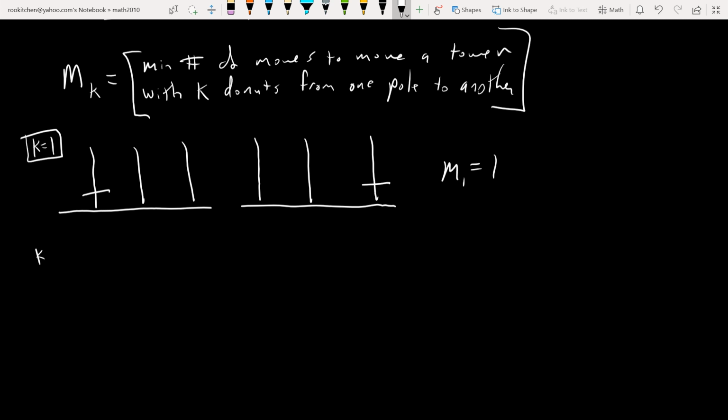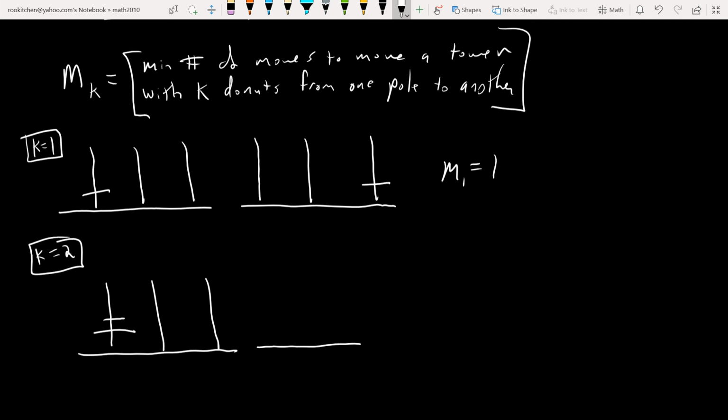Okay, let's try k is 2. Now we have 2 donuts on the first pole. Okay, and what do I do? Well, I'm going to start the same way as before. So I'm going to move the little donut. And just so I can end on the third pole, I'm going to move the little donut right here. Okay.